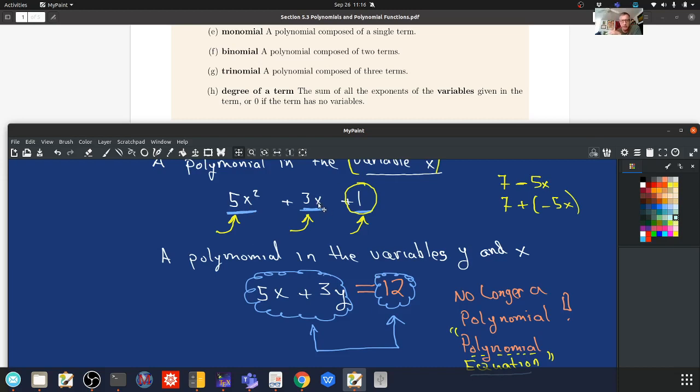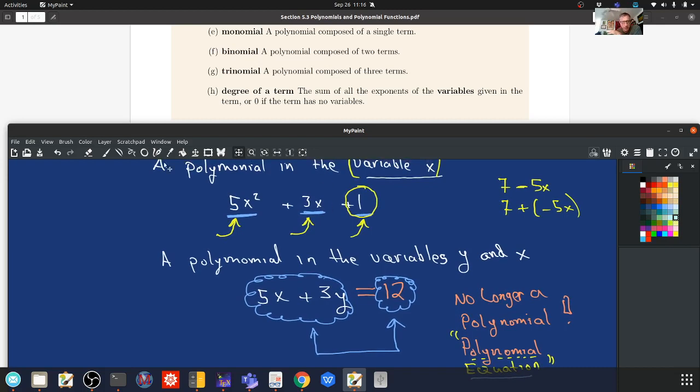This x, we don't write it down, but it has an unwritten exponent value of 1. So this is a degree 1 term. And if it doesn't have any variables at all, we say it's a degree 0 term. We learned that x to the 0th is equal to 1 as long as x is not itself 0.